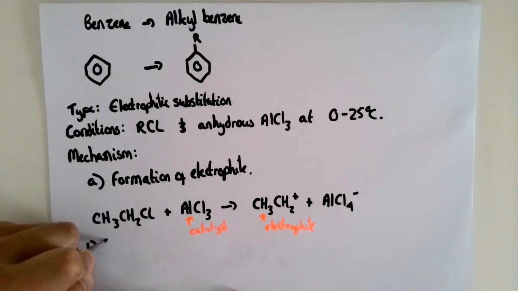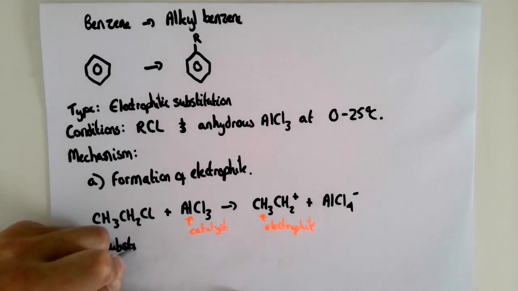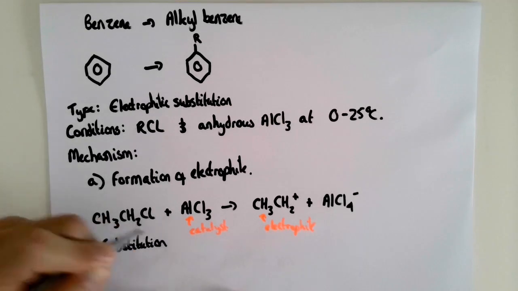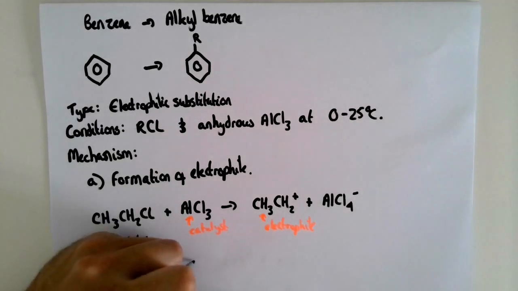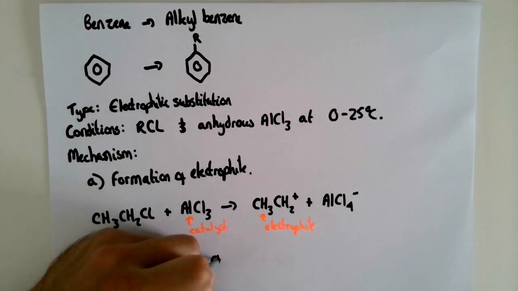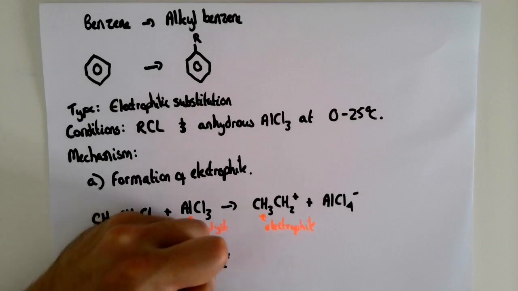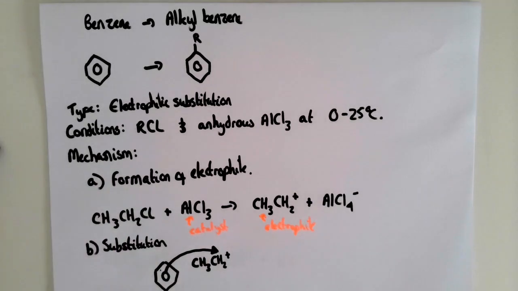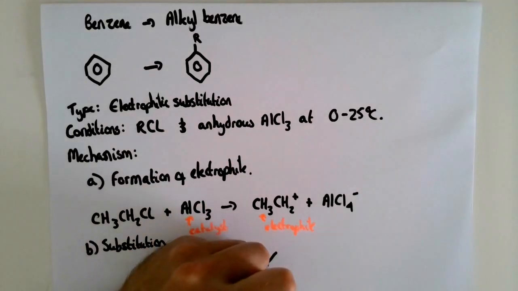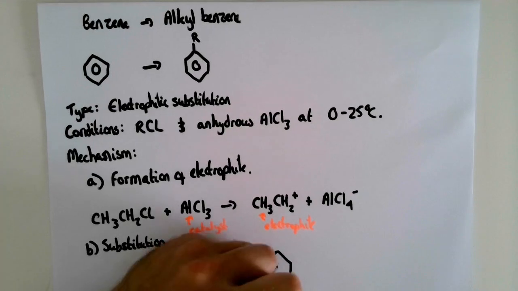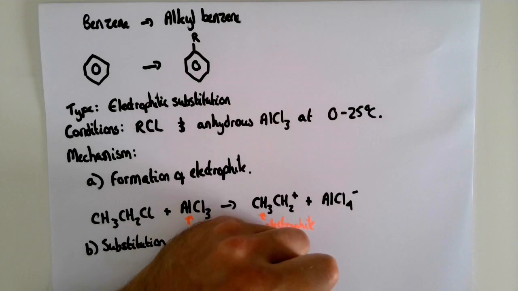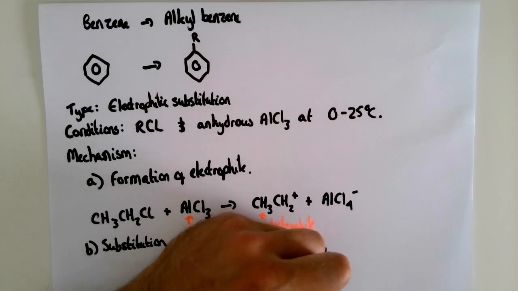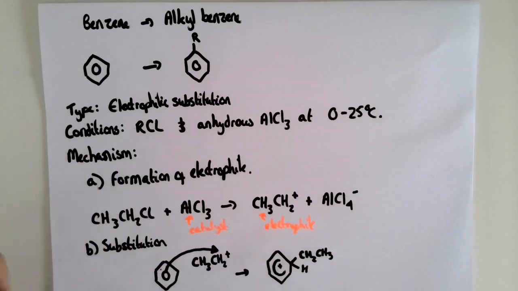Step 2, substitution. So here's my benzene ring, my electrophile's CH3CH2 plus. I'm going to go and attack so that we get this unstable intermediate again with CH2CH3 attached, and the hydrogen.